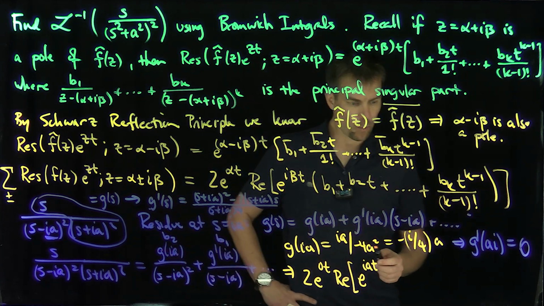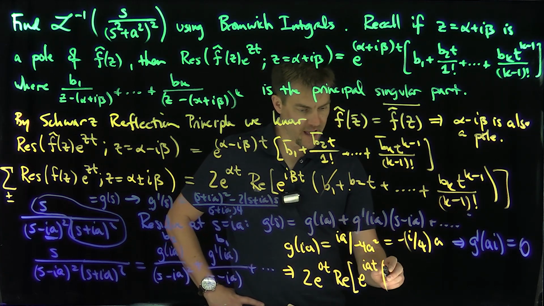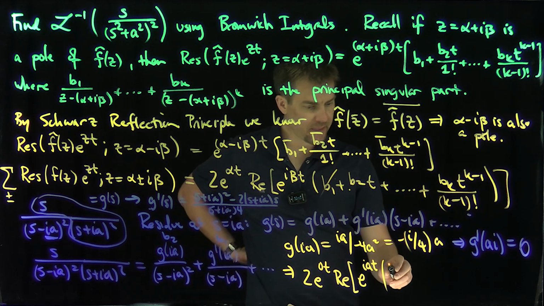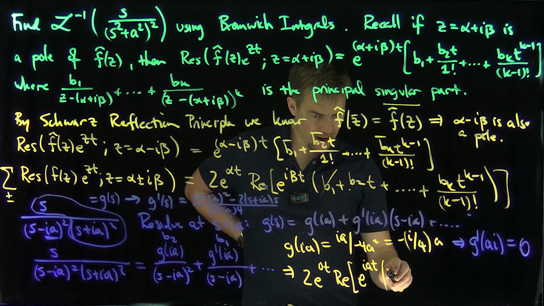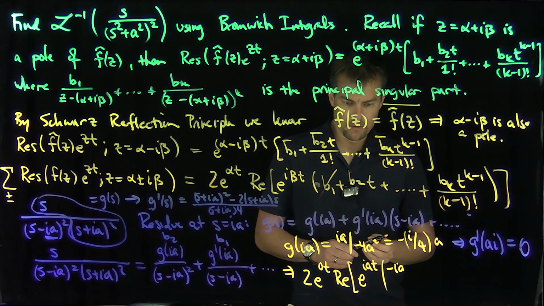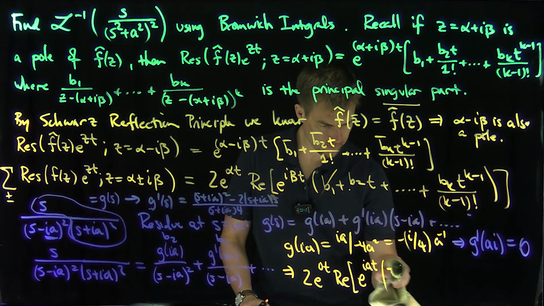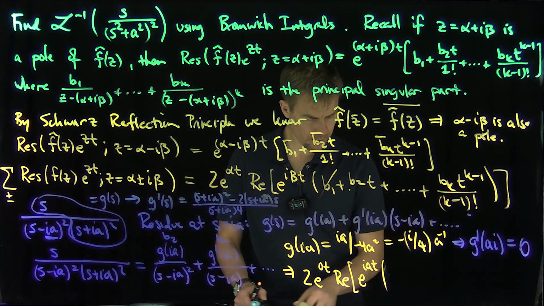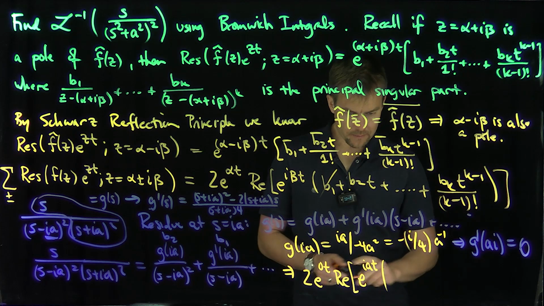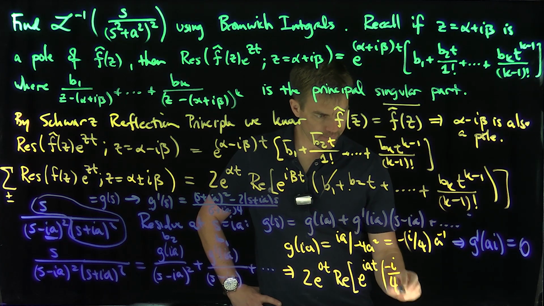And then my b1 is equal to 0. That's gone. My b2 is equal to negative IA, where the a is in the denominator over here. So let's put the a in the denominator. Good. And then I have a negative I over 4a.